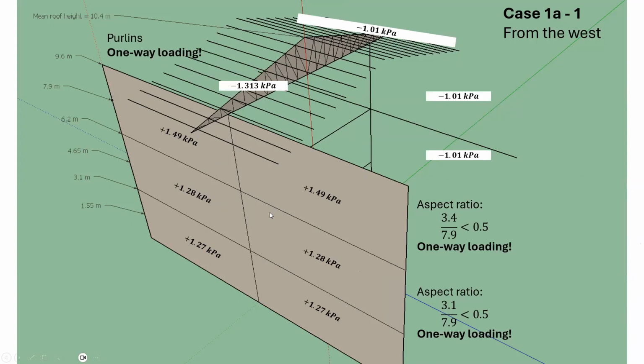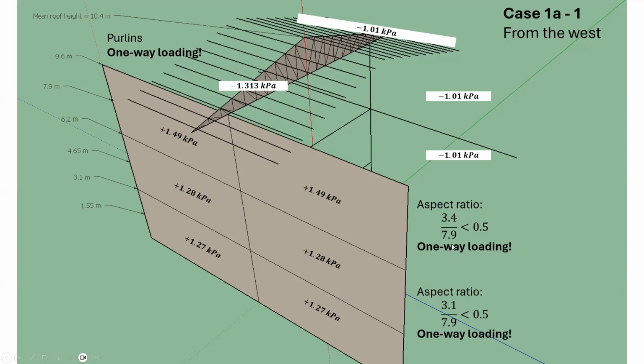And again, we take note of some key aspects. So for example, sa walls, mahalaga na check natin yung aspect ratio all the time. Although some literatures would suggest na yung longer side over the shorter side yung kunin na ratio, pwede rin naman yung opposite, shorter over longer side. So in this case, if 3.4 yung height or 3.1 dito sa baba, over 7.9, that will be less than 0.5.